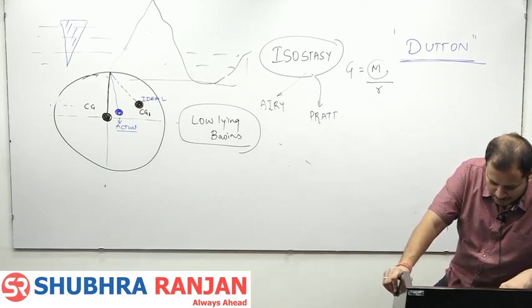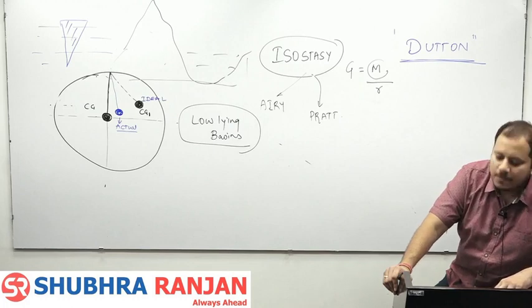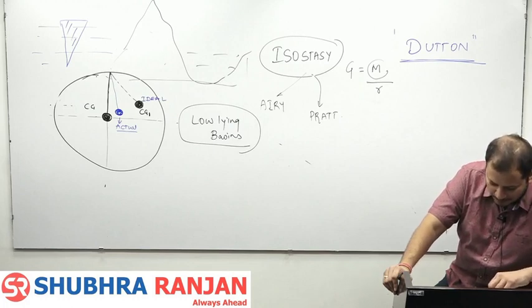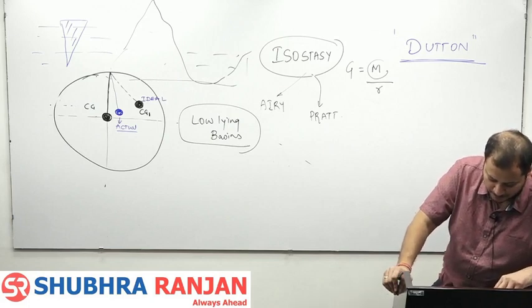Below a certain depth, the pressure along the horizontal plane is uniform everywhere.